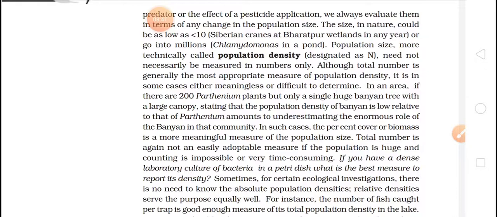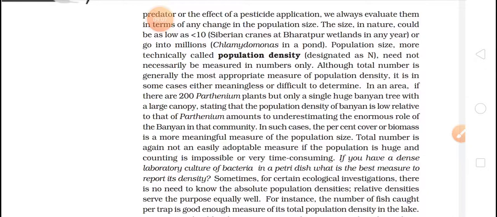So the number of Parthenium plants, we can say the population of Parthenium is more as compared to the banyan tree. So here the ecology is not stable, or we can say the biomass of that particular area is not stable, and the biomass is the more meaningful measure of a population size.